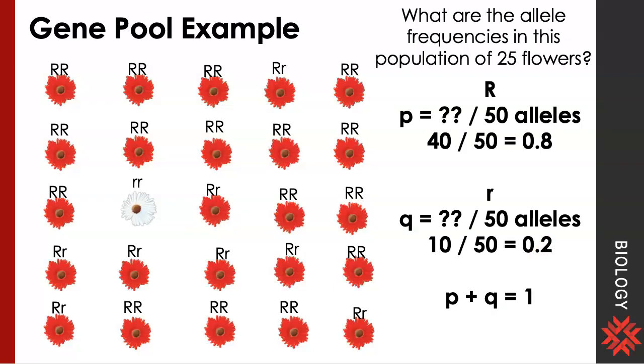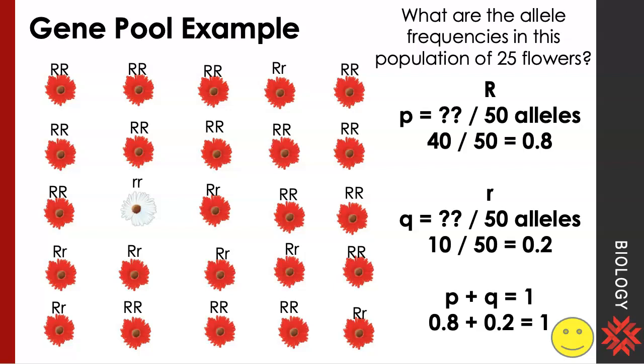So if you add together all of the dominant alleles and all of the recessive alleles, that should equal 100% of the alleles. So we add together our 0.8 that we calculated here, our 0.2 that we calculated here, and that gives us 1, and so we are happy. So we have successfully calculated out the allele frequencies for this population.